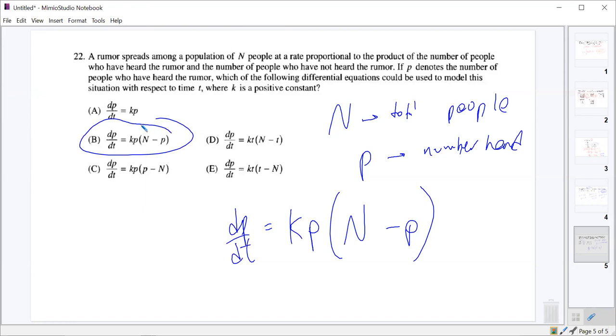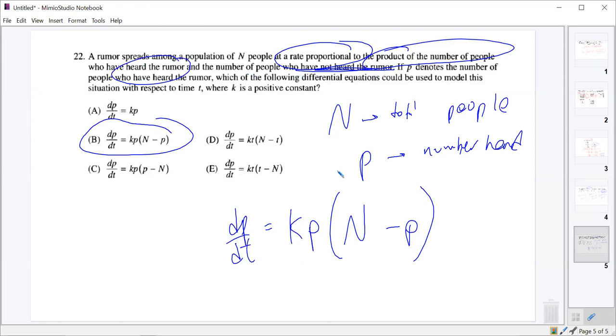Can you explain that one more time? Yeah, so the fact that it's proportional tells us that we have to have this k. And it says it's proportional to the product of the number of people who heard the rumor and the number of people who have not heard the rumor.